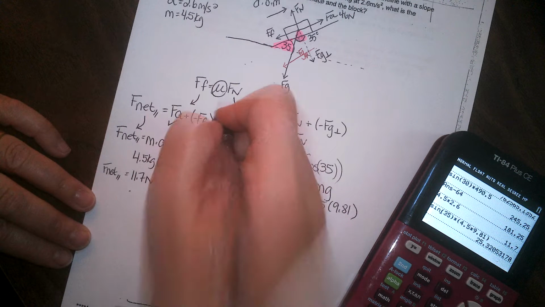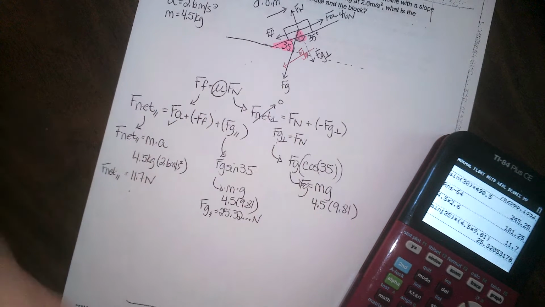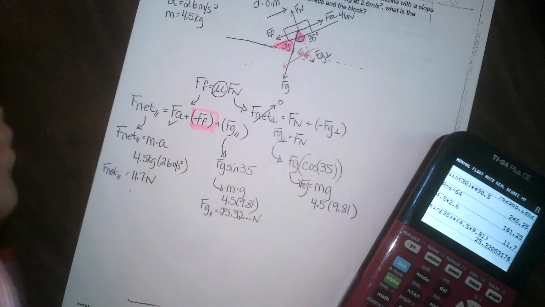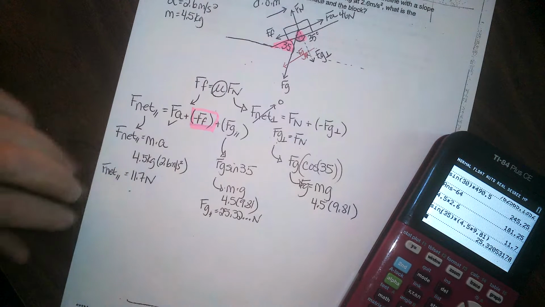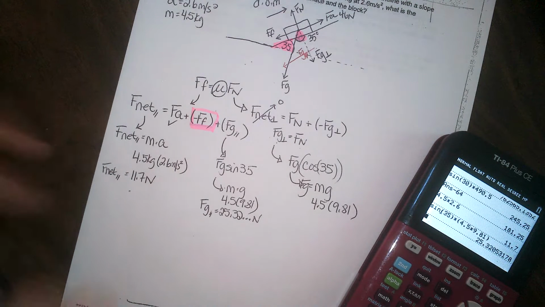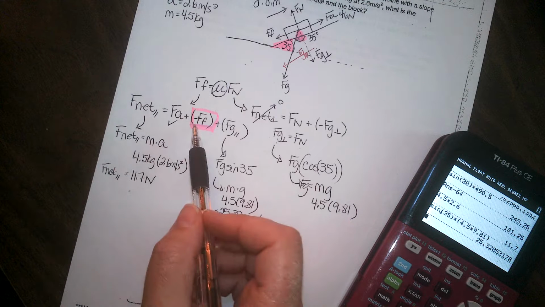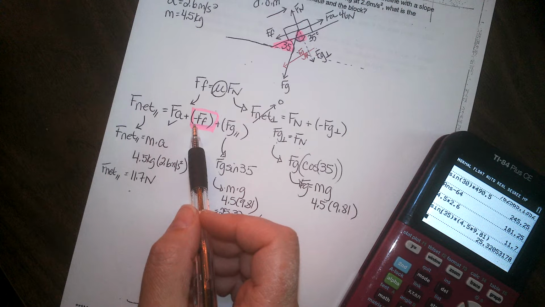When I want to isolate force of friction, how do I rearrange this equation to isolate for force of friction? What do I need to do? It's negative here. So how do I move it so it's positive?